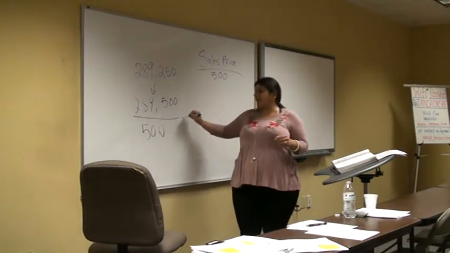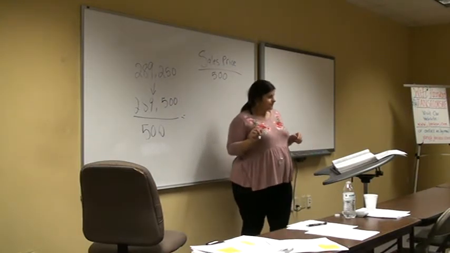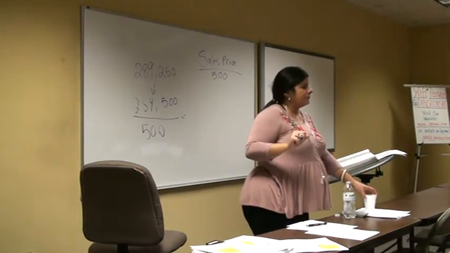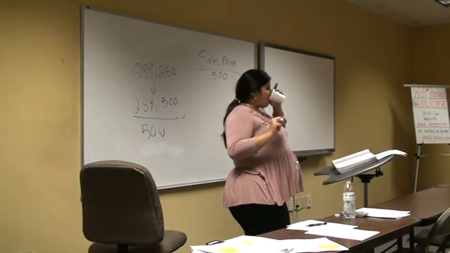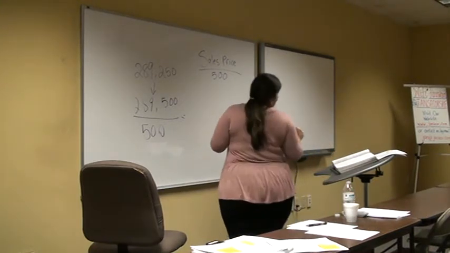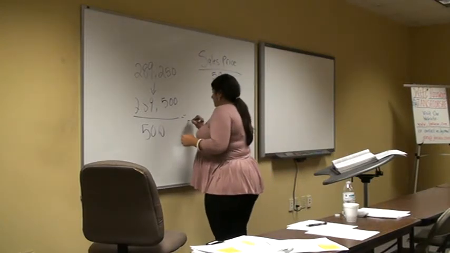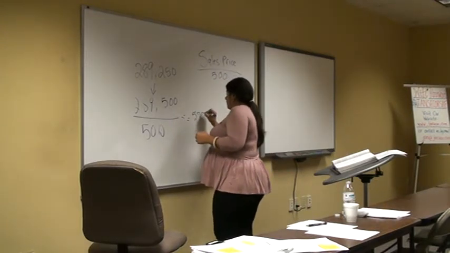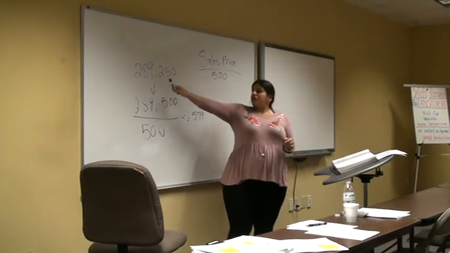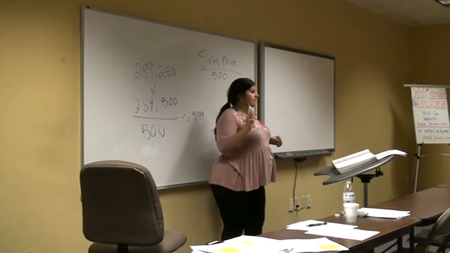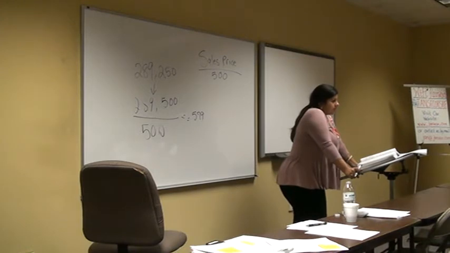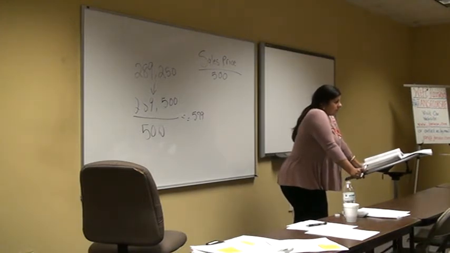So what would be the excise tax here? $5.79, right? So when you're taking the test, somebody do the 289,250 divided by 500 for me. 578.5.